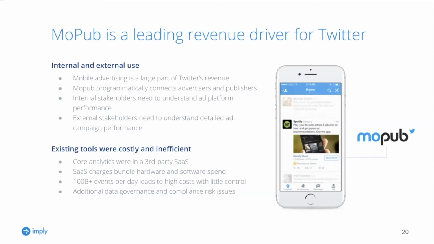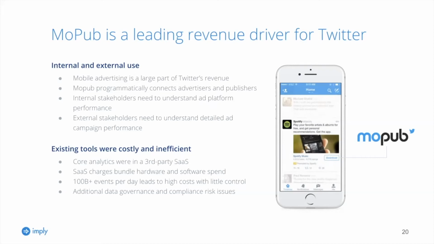And the stakeholders need to understand how the ad platform performs. And the external stakeholders also need to understand the detailed ad campaign performance. Who are the people who are clicking on your ads? Where are they located? How is your new campaign working? And that will give you answers faster.